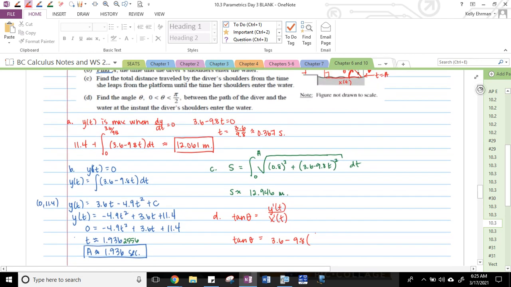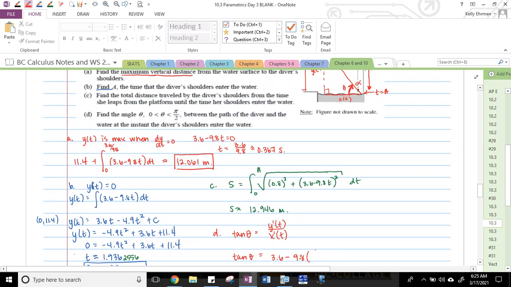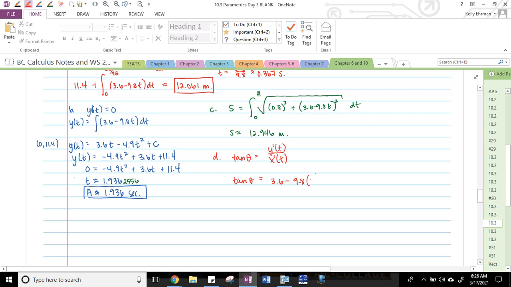What about this t? We're talking about the angle at the instant the shoulders hit the water. That's a, right? So that's 1.9362556 over 0.8, no matter what.